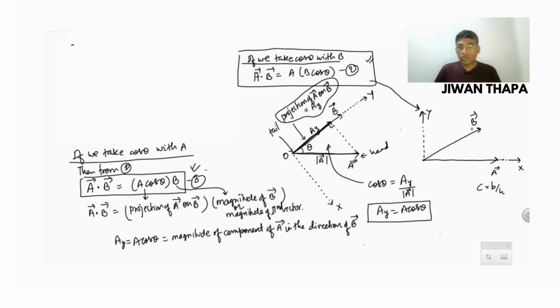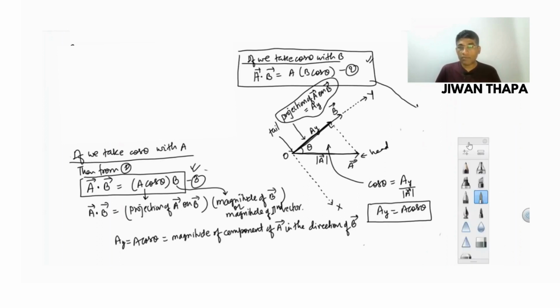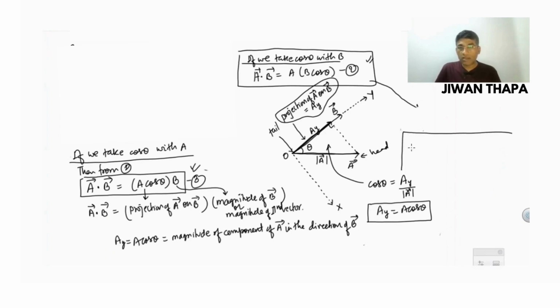So what we do is that the scalar product of vector A and vector B is A, and we have B cos theta, or we can write it in this way.